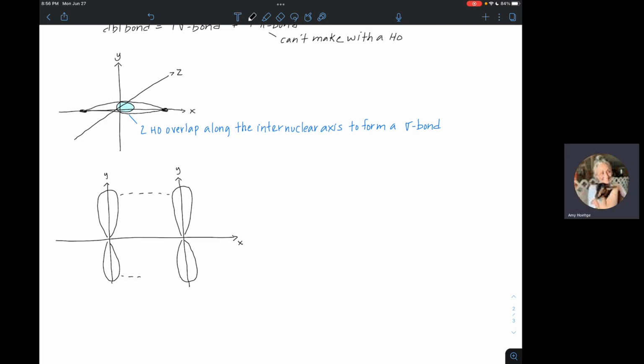We've got overlap perpendicular to the internuclear axis above and below the plane, right?